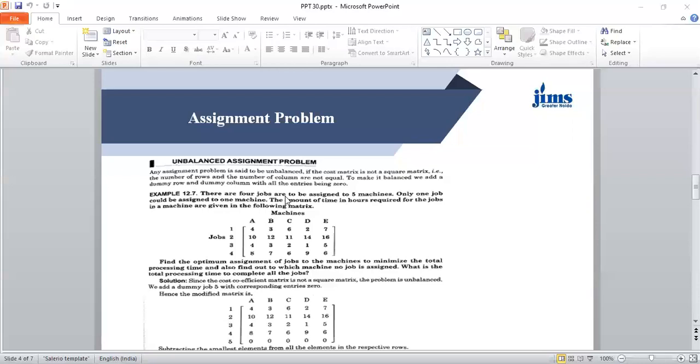So before starting the solution, we have to see the cost coefficient matrix, which is obviously not a square matrix here because the number of machines is 5 and the number of jobs is 4. So the problem is unbalanced. So we add a dummy job 5 with the corresponding entries 0 here.